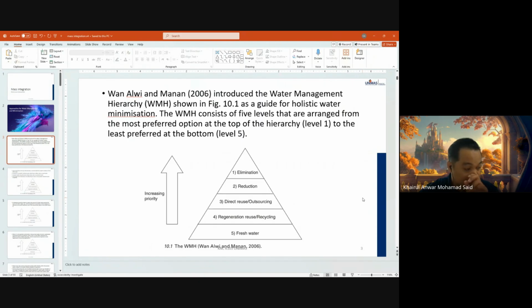Level 4 is reuse or recycling. So here, at level 4, we treat the water to reach the required purity before reuse, but that water is still within the process. But we need to treat it. How to treat it, later.